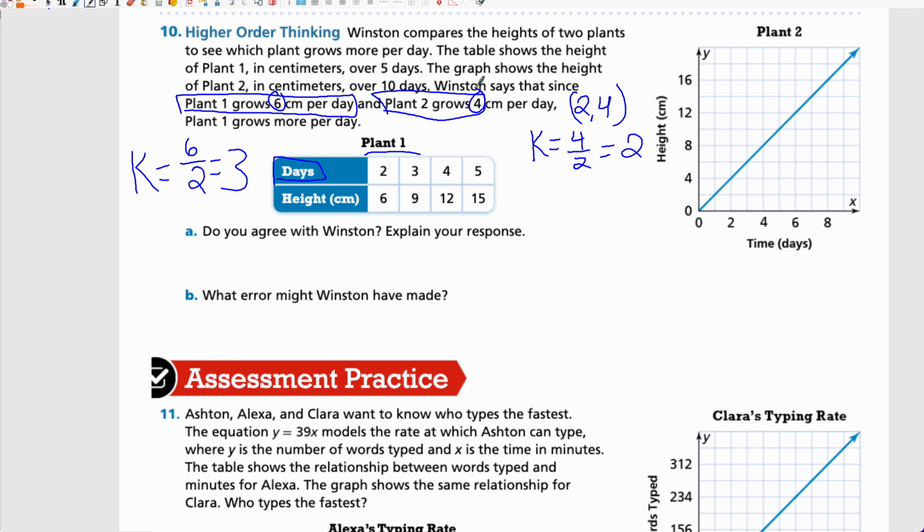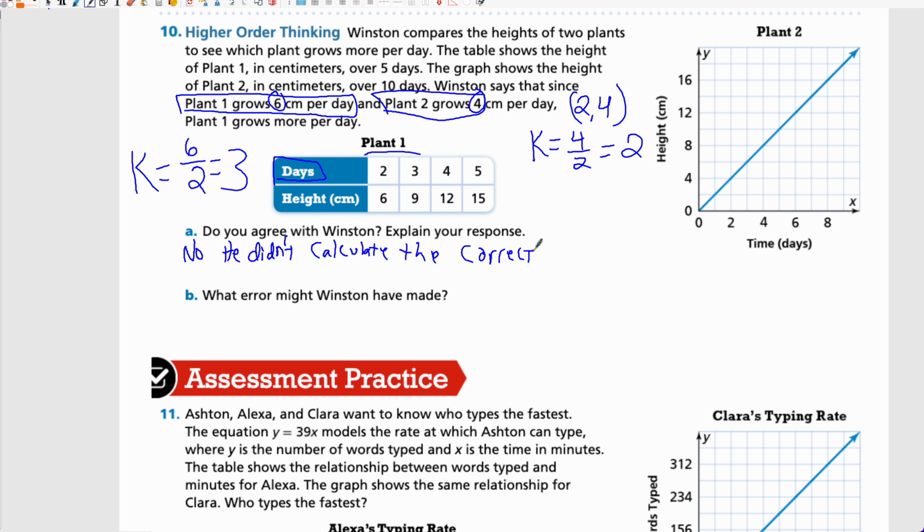All right, do you agree with Winston? No. He didn't calculate the correct K value. What does K value stand for, by the way?